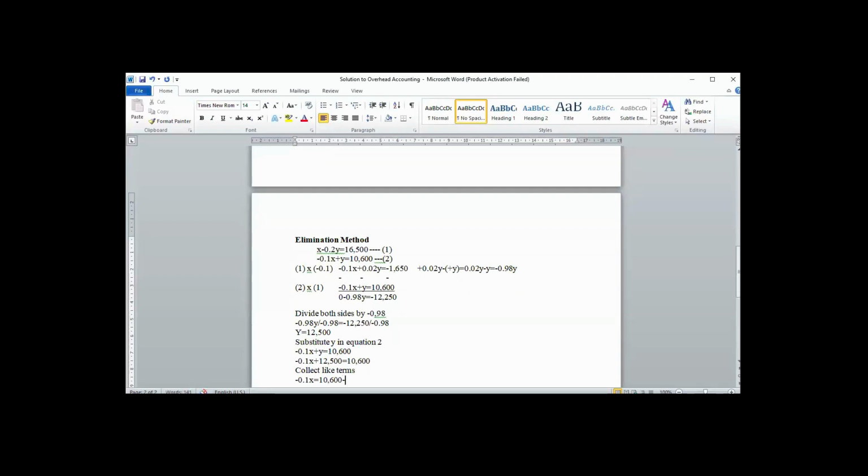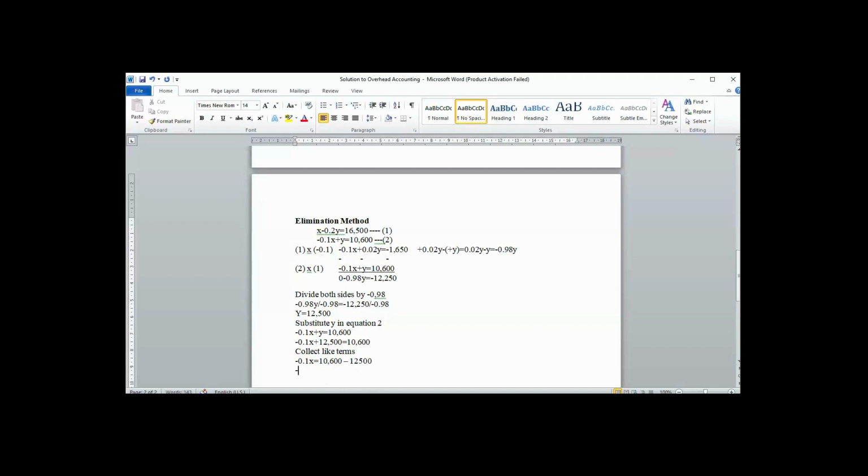minus 12,500. What do we have? Minus 0.1x equals to, the difference between the two of them is what?